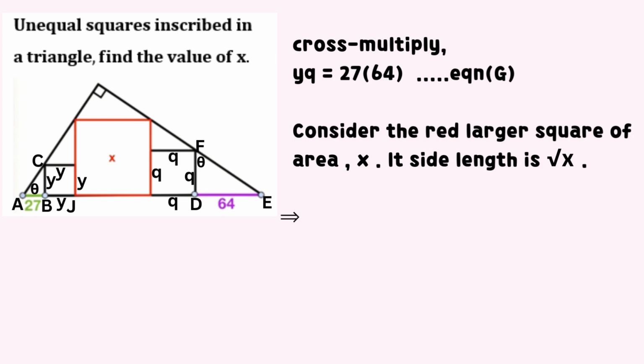Consider the red larger square of area x. Its side length, by Pythagoras' theorem, equals the square root of x.